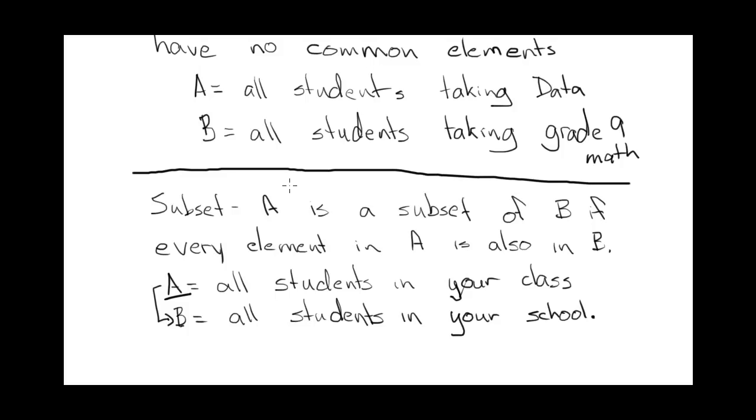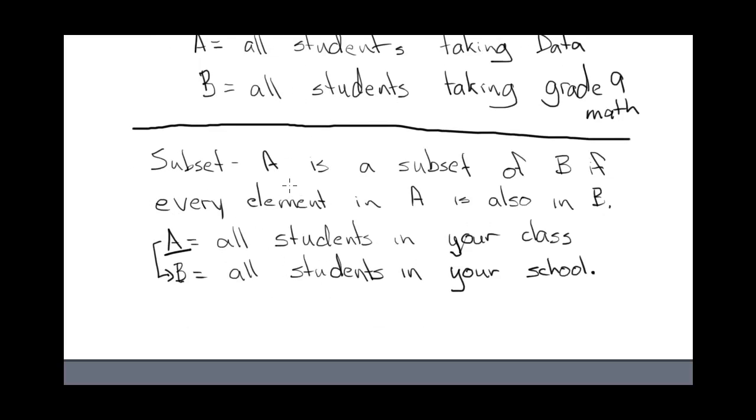So A is a subset of B. And the notation, the way we write that, is A, and it's kind of like a U on its side with a line under it, B. So it just means everything in A is also in B. So all students in your class are also students in your school.